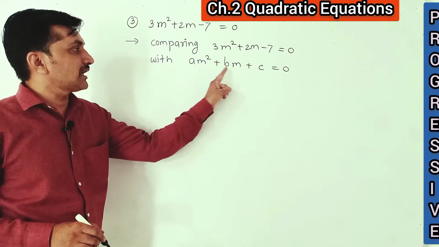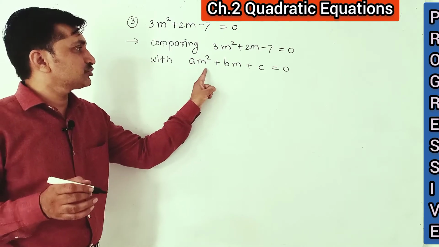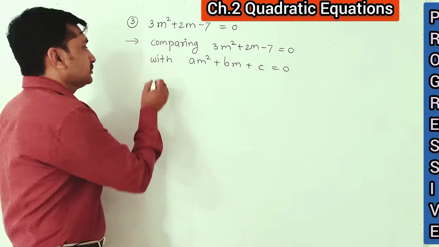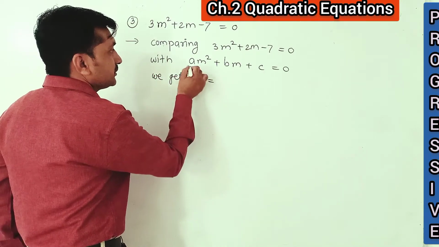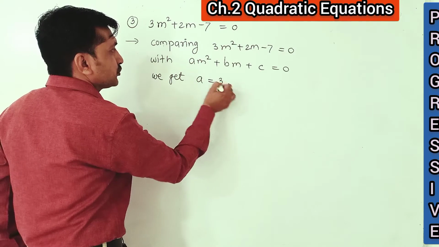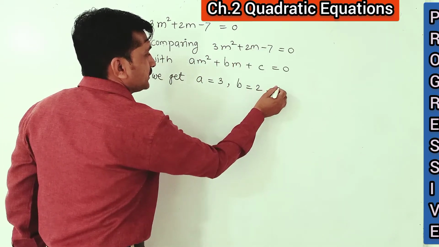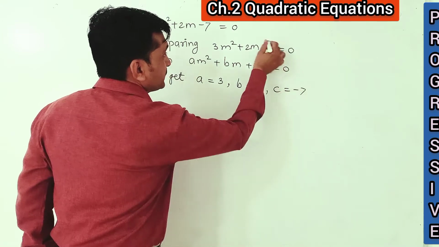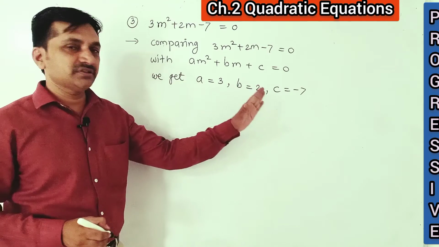In place of x we wrote m. We get the abc values: a is equal to 3, the coefficient of m square, b is 2, the coefficient of m, and c is the constant, minus 7, with sign.